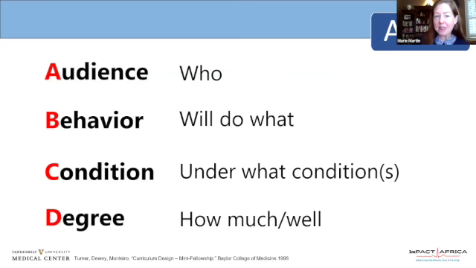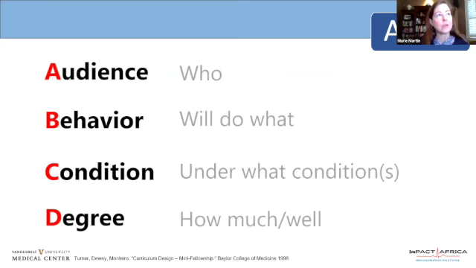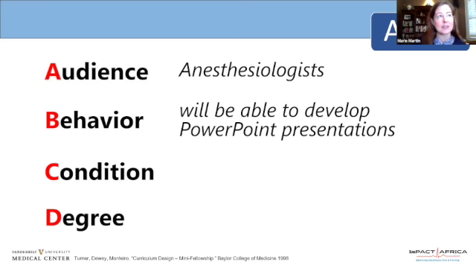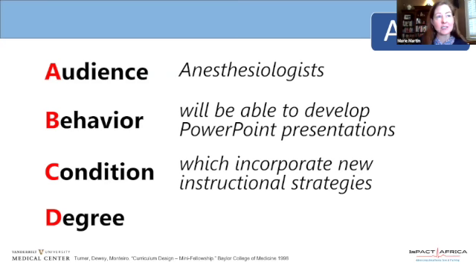So if you think about this in application, you can think about the audience, you all or your trainees, anesthesiologists or future anesthesiologists. The behavior will be able to develop PowerPoint presentations. The condition, which incorporates new instructional strategies successfully.